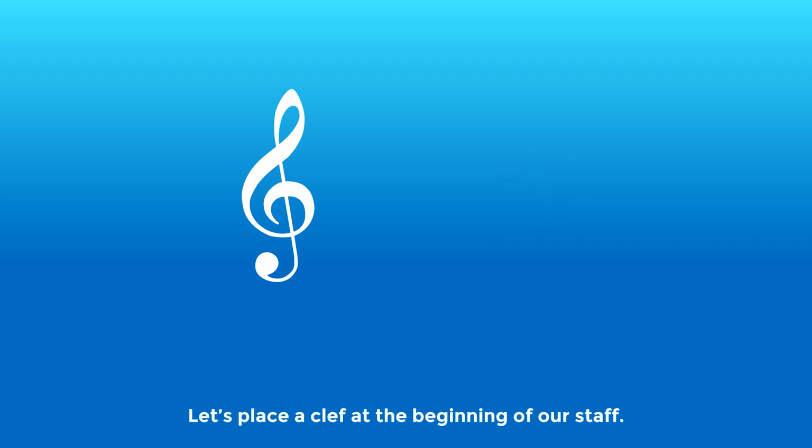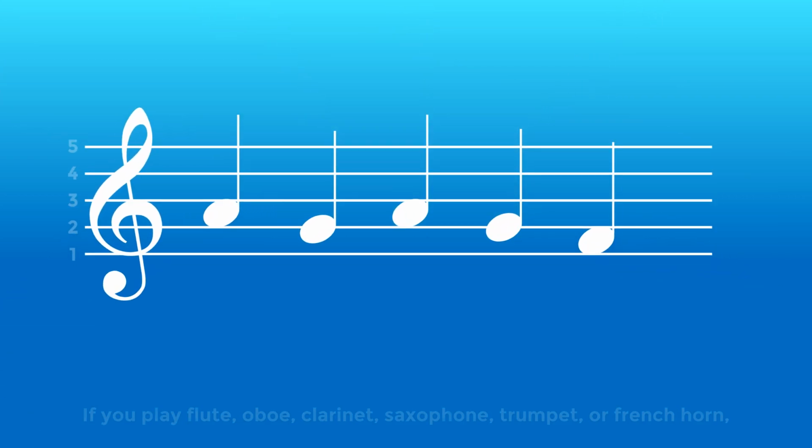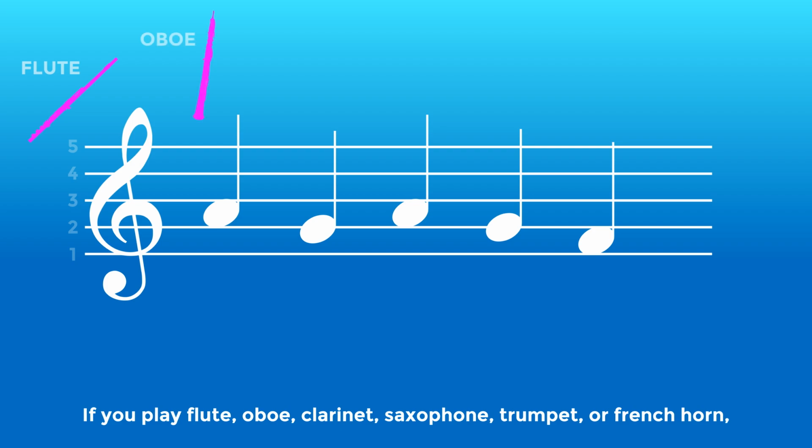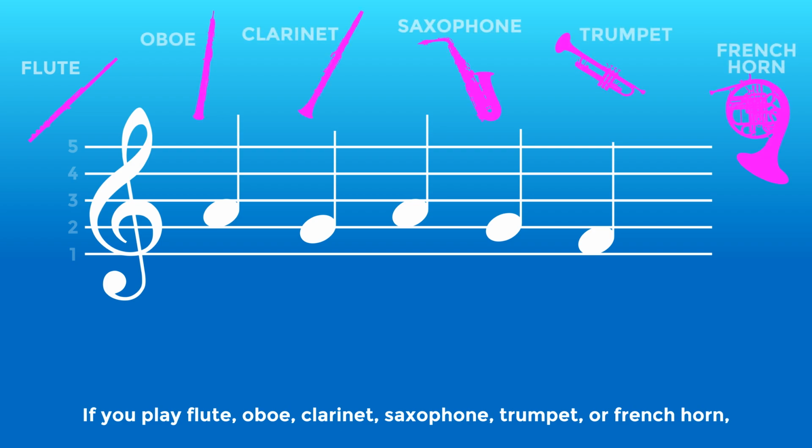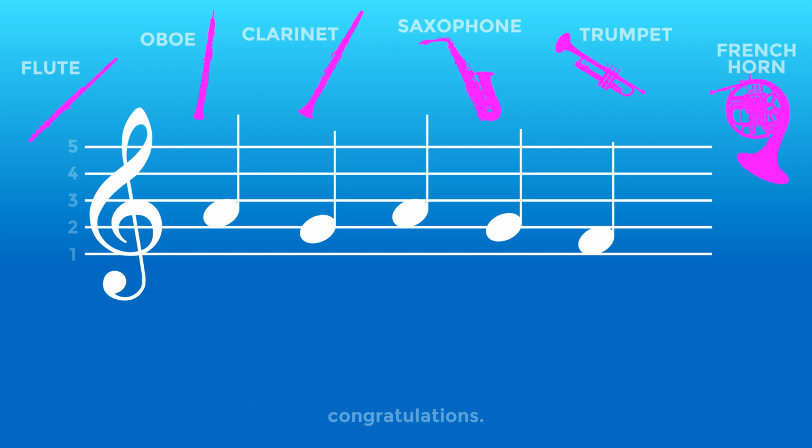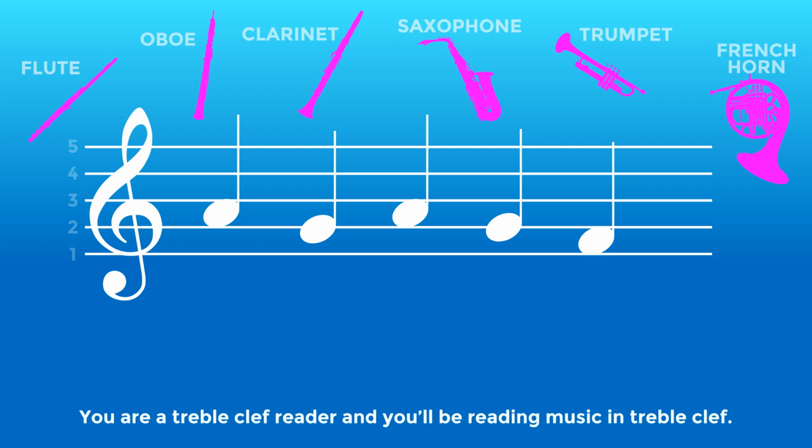These are clefs, treble clef and bass clef. Let's place a clef at the beginning of our staff. If you play flute, oboe, clarinet, saxophone, trumpet, or French horn, congratulations! You are a treble clef reader, and you'll be reading music in treble clef.